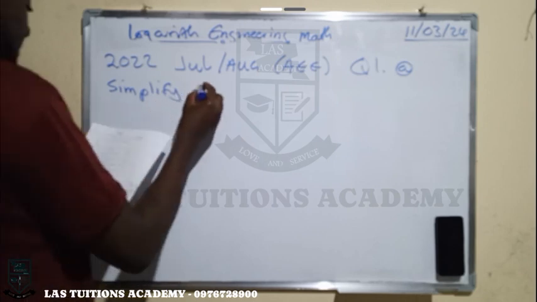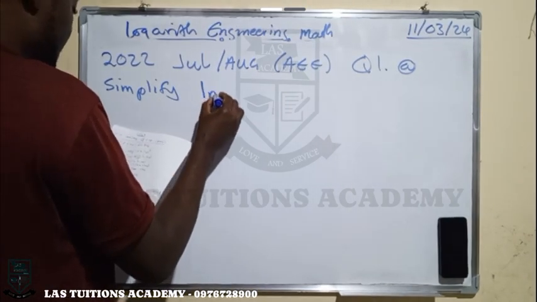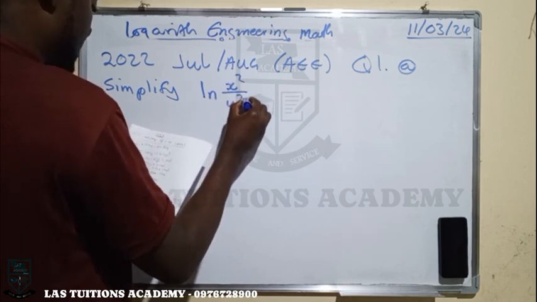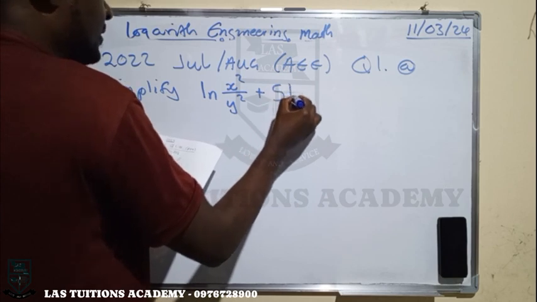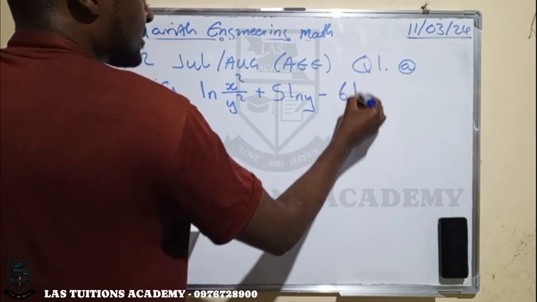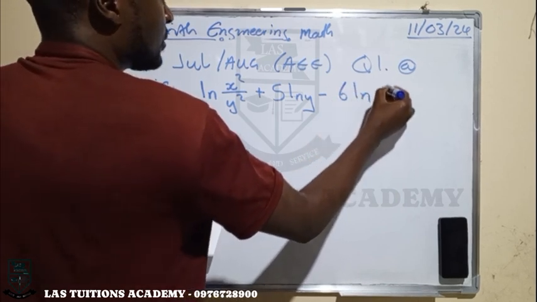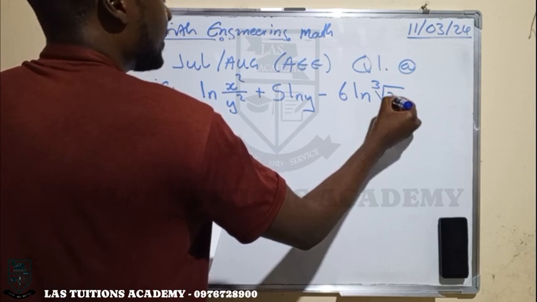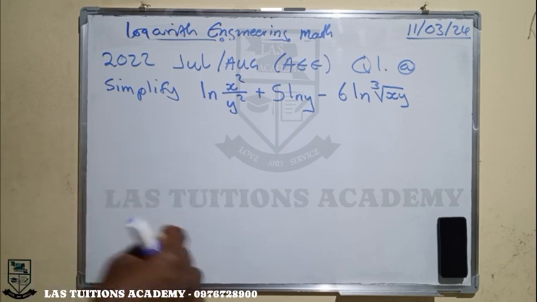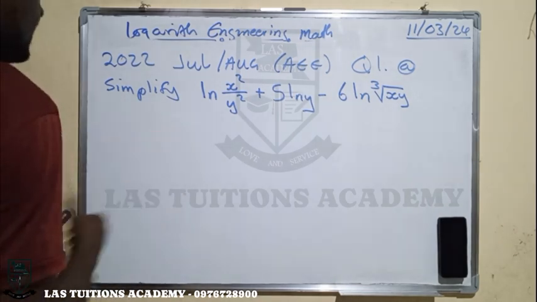So we have natural log of x squared over y squared plus 5 natural log of y minus 6 natural log of cube root of xy. Now we want to apply all what we have learned earlier, when we are multiplying, dividing. So let's begin. Solution.